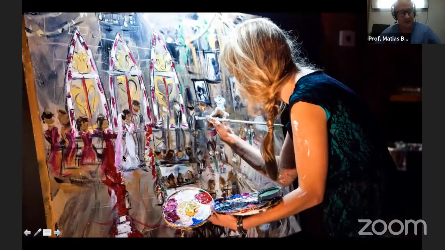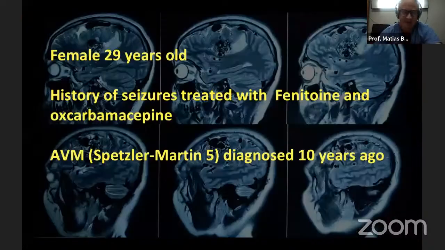This was a young woman, and she is an artist, and she loves to paint realistic paintings. She presented to our service when she was 29 years old.